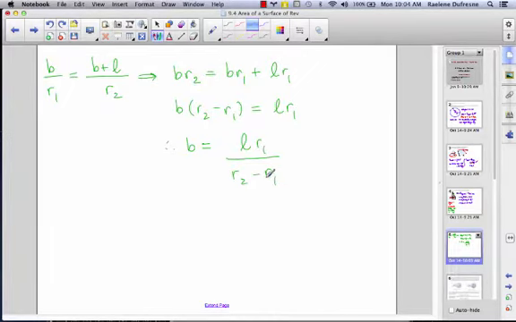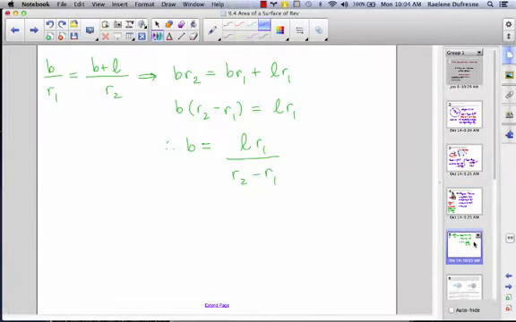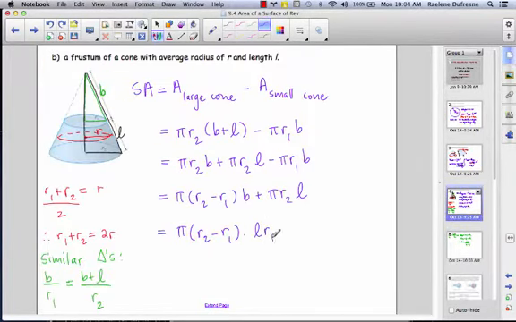So we can take that and substitute it into the surface area of the frustum equation. So we have pi times (r2 minus r1) times b, which we said was l r1 over (r2 minus r1), and then plus pi times r2 times l.